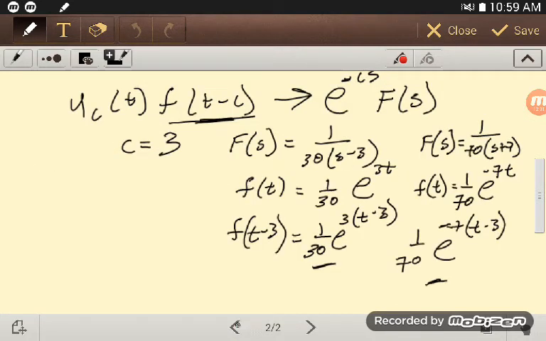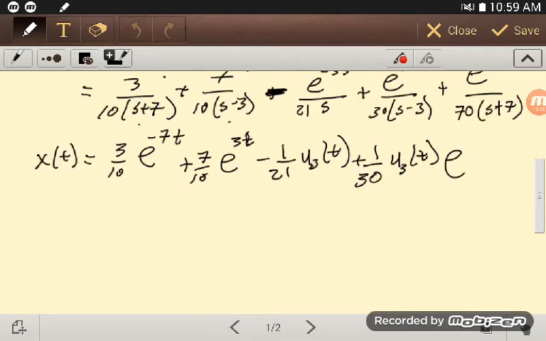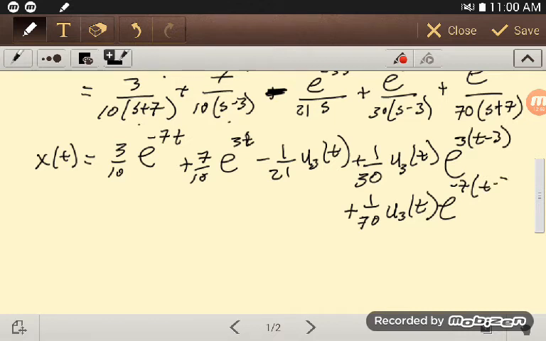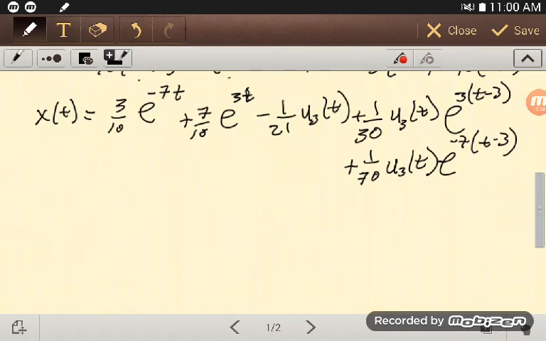That one was the 3, so e to the 3 times t minus 3, and then plus 1 over 70 u3 of t e to the minus 7 times t minus 3. Okay, so there's my solution.